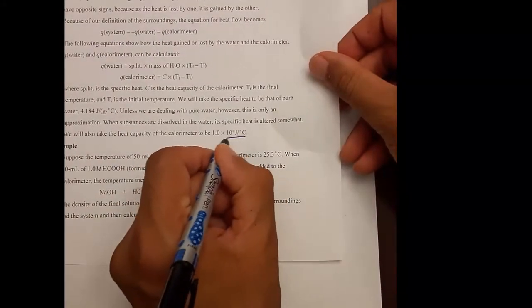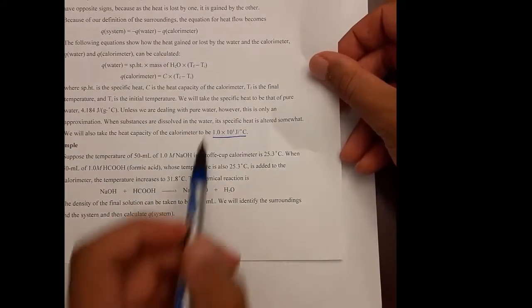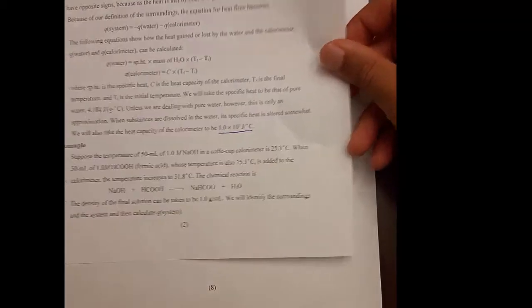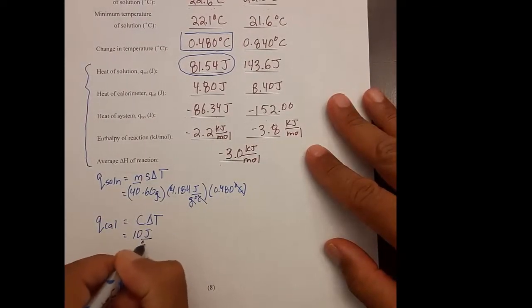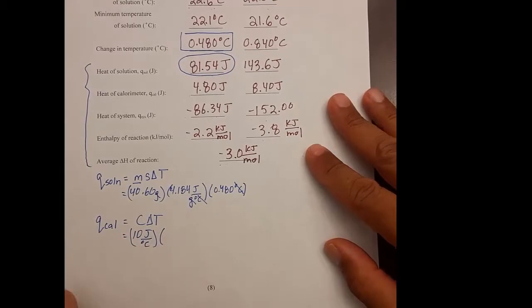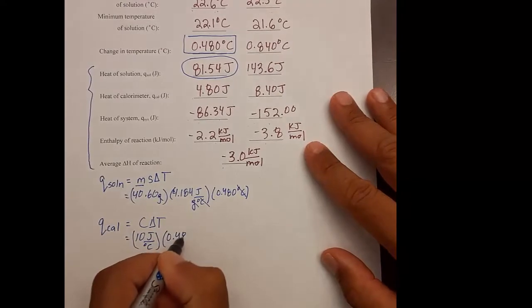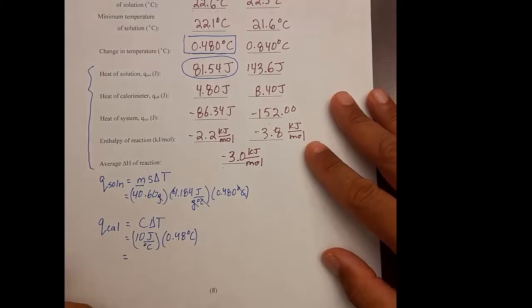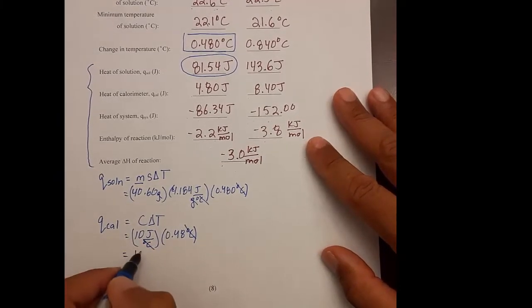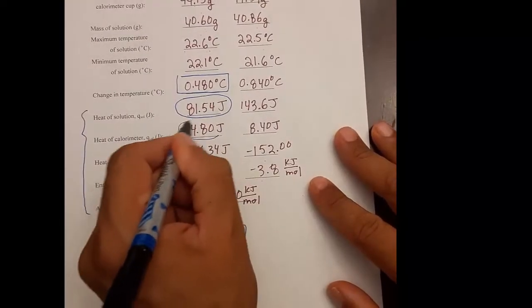Remember, specific heats and heat capacities are constants, and this one is 10 joules per degree C, times our temperature change, which changed really slightly, 0.48 degrees C in our third reaction. You'll notice in your first and second reactions, the temperature shot up rapidly. That gives 4.80 joules, so that's how we get the heat of the calorimeter.